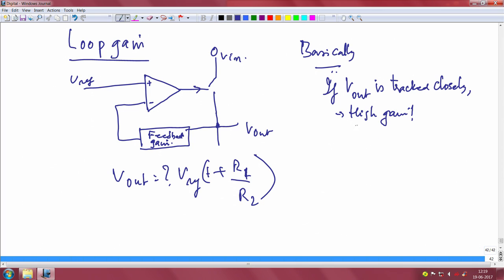So, the moment the LDO loses its ability or has a loss in high gain, the LDO is not anymore going to function like a regulator. Okay. So, the gain of the LDO is so critical, right.